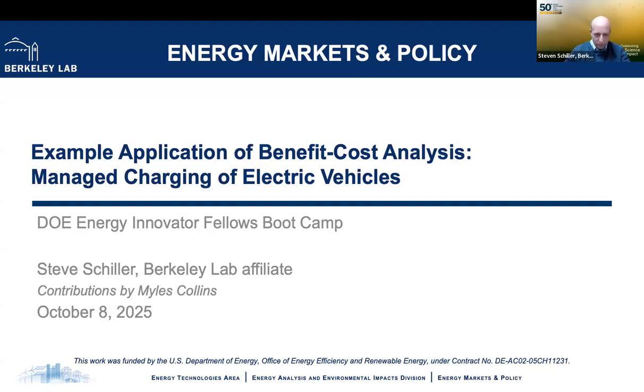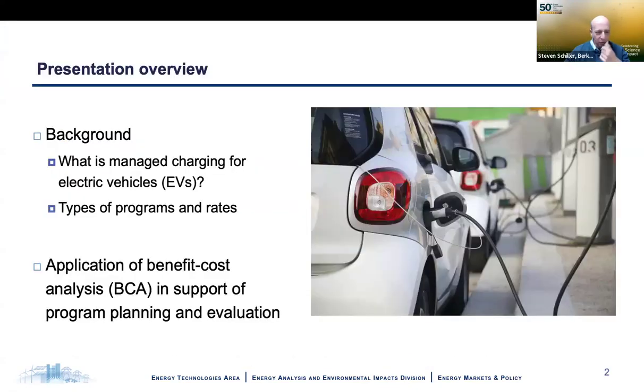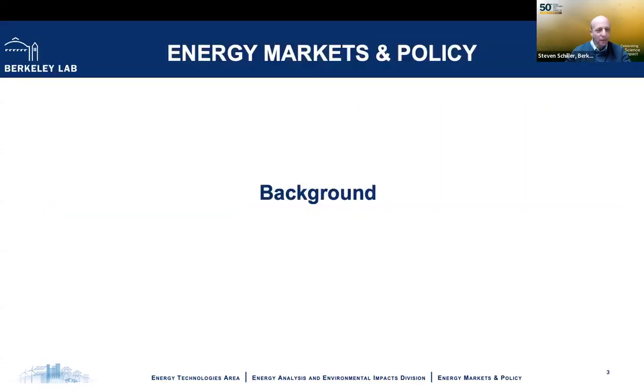What we try to do in this one is provide a little bit of background and pull together some of the items discussed in the program planning and evaluation, as well as the benefit cost analysis. So first, I'll quickly go over what managed charging for electric vehicles is, and then go through a little process for coming up with a benefit cost analysis to support your program planning evaluation.